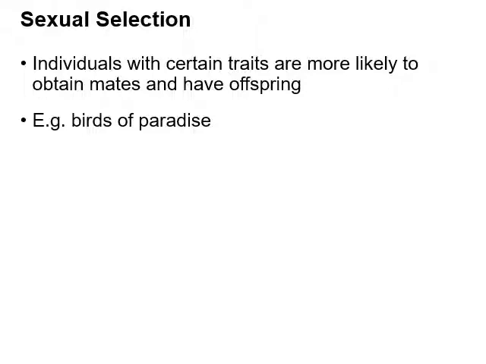And kind of the idea behind all of this is that individuals, particularly males of species, will oftentimes have very exaggerated traits that are meant to attract members of the other sex in order to reproduce.